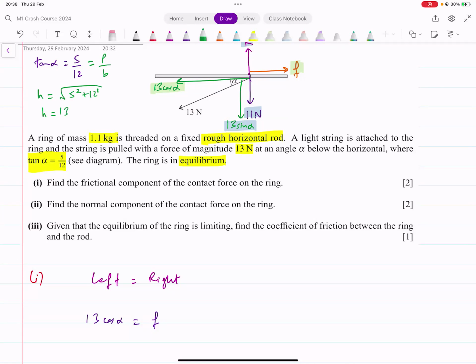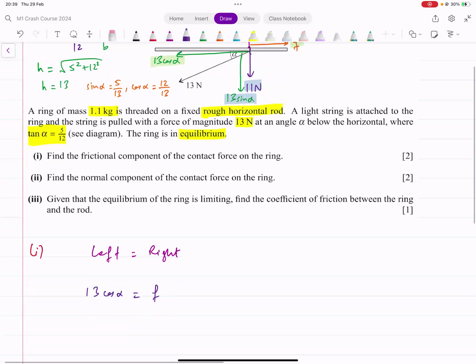If hypotenuse is 13, we can write the value of sine alpha and cos alpha now, because sine alpha is perpendicular over hypotenuse. Perpendicular is 5, hypotenuse is 13, so it becomes 5/13. And then what about cos alpha? Cos alpha is base over hypotenuse. That will be 12/13.